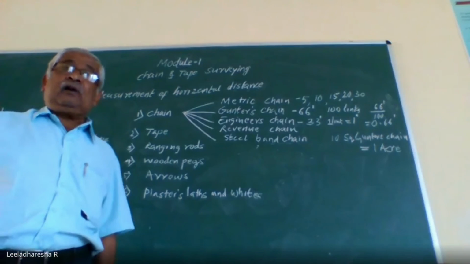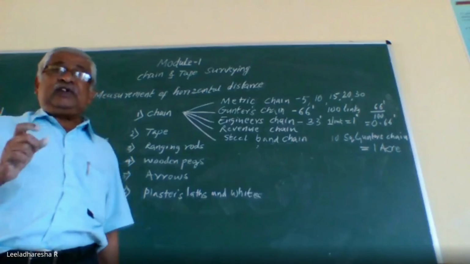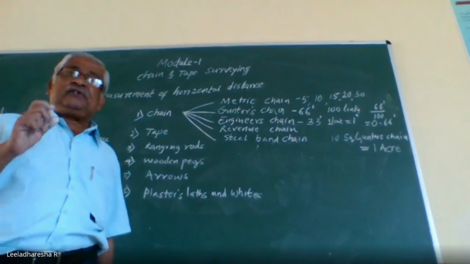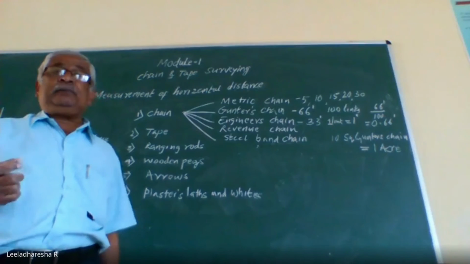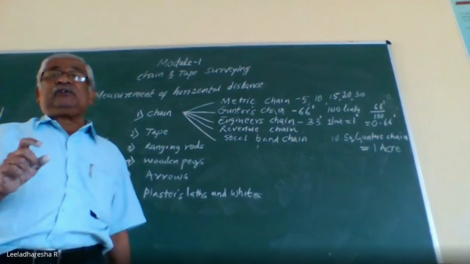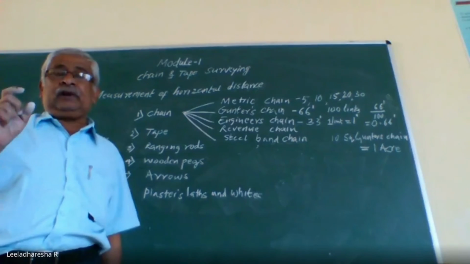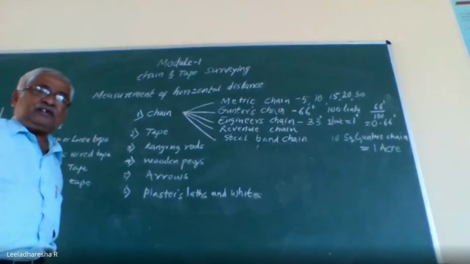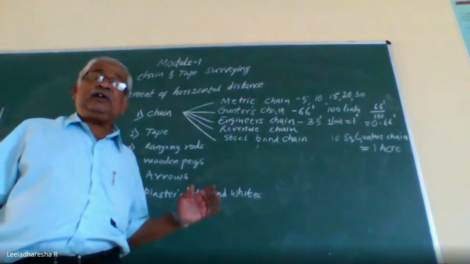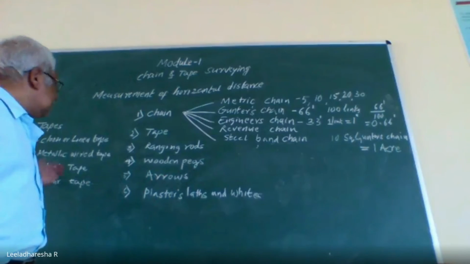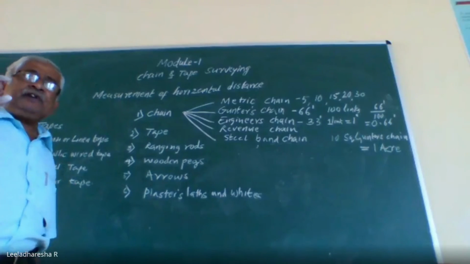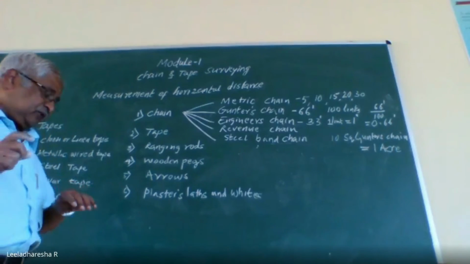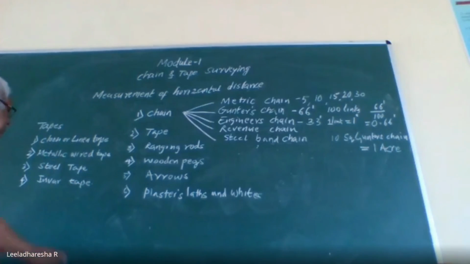It is an alloy of steel and nickel mixed in the proportion of 70% steel and 30% nickel. So, its coefficient of thermal expansion is very, very low in comparison to the steel tape. For very accurate measurements of horizontal distances, we may use the invar tape.